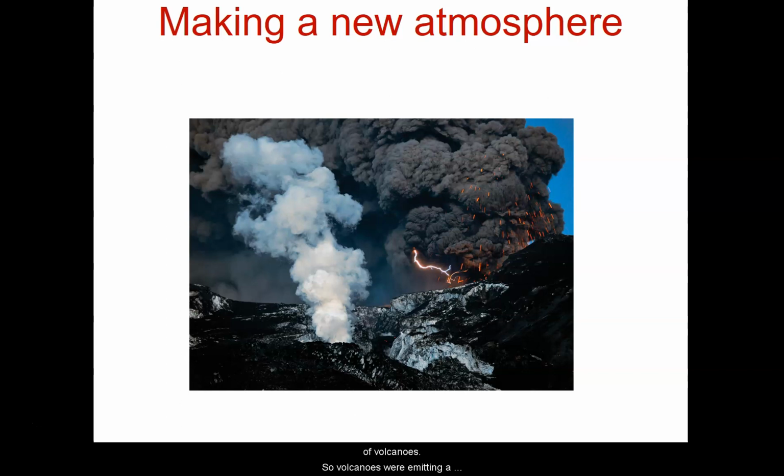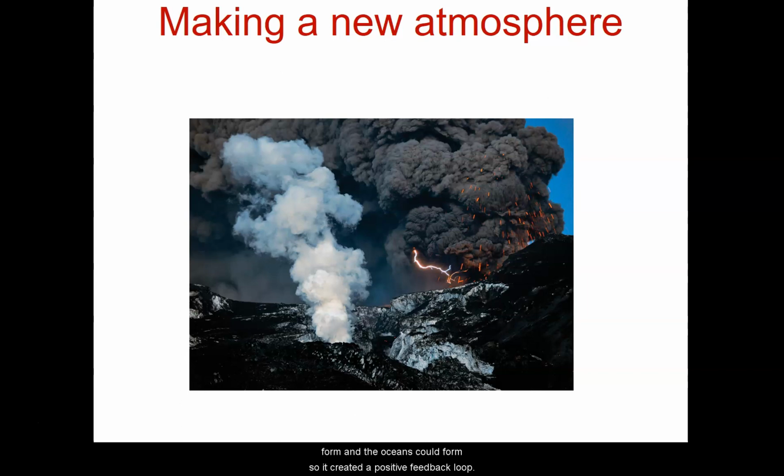So volcanoes were emitting a lot of carbon dioxide and methane and sulfur and water vapor into the atmosphere, creating a very rudimentary atmosphere. And once the atmosphere was there, more water could form and the oceans could form.